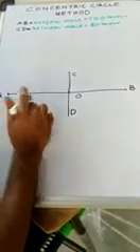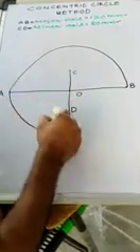After getting the minor axis and major axis, take a compass, O as the center, OA as the radius, and draw one circle.